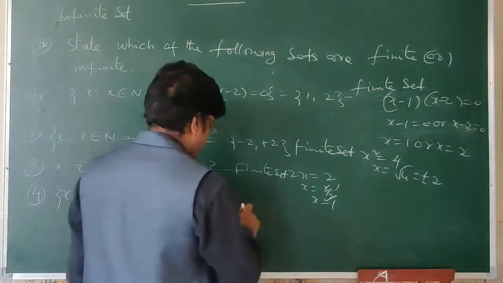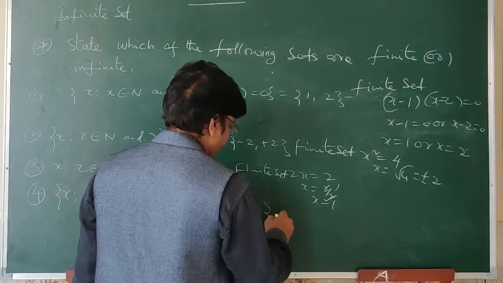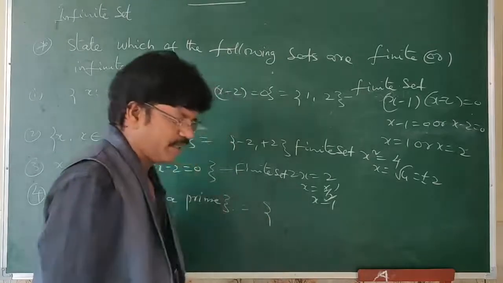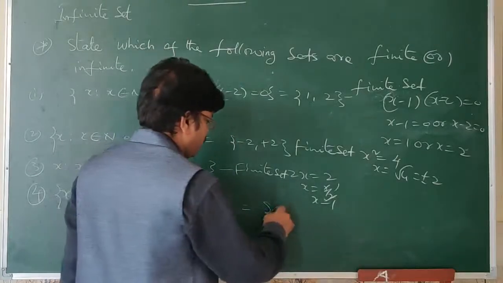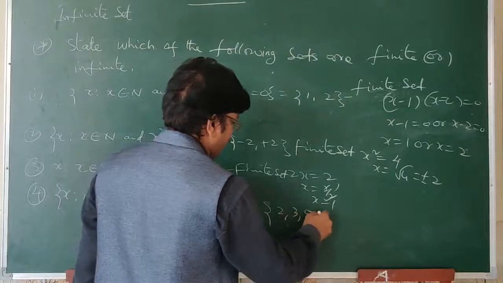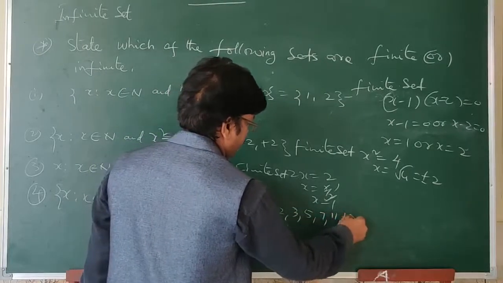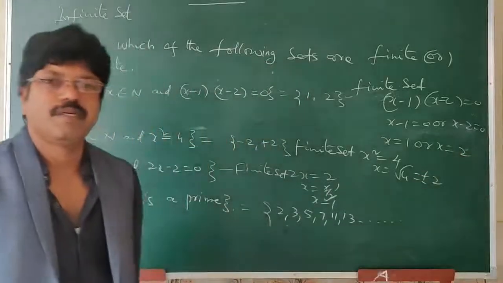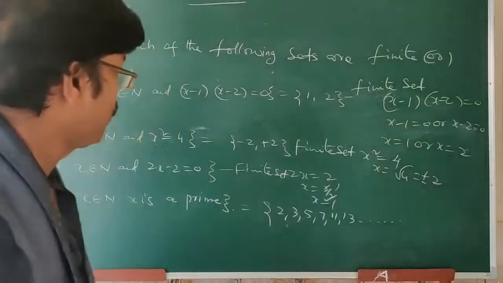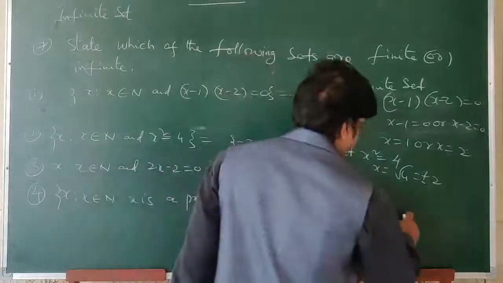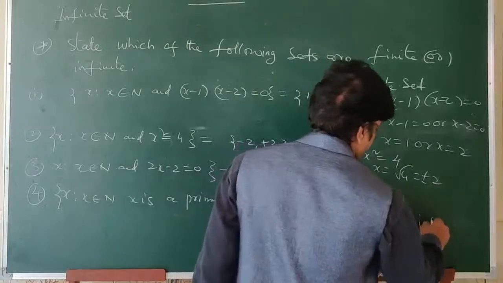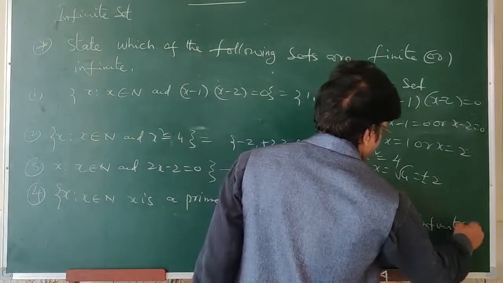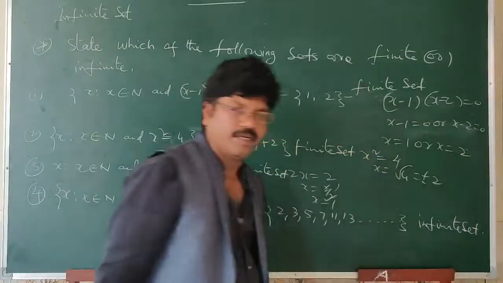This is the set of prime numbers from the beginning on: 2, 3, 5, 7, 11, 13, etc. It is infinite because x belongs to N. So it is an infinite set. Okay, copy down.